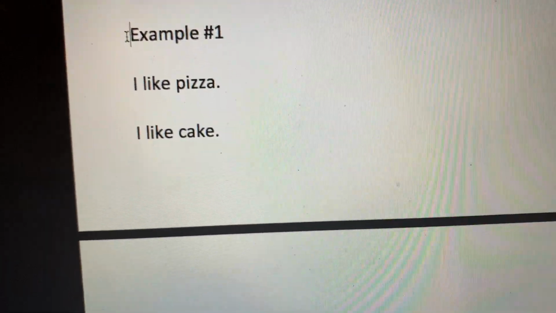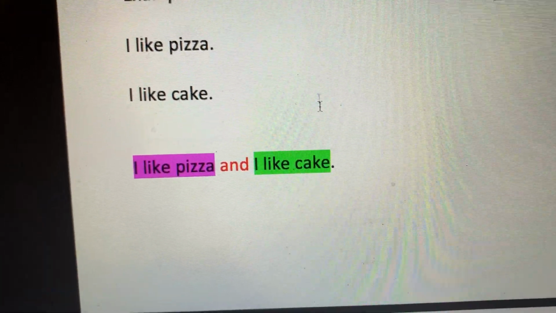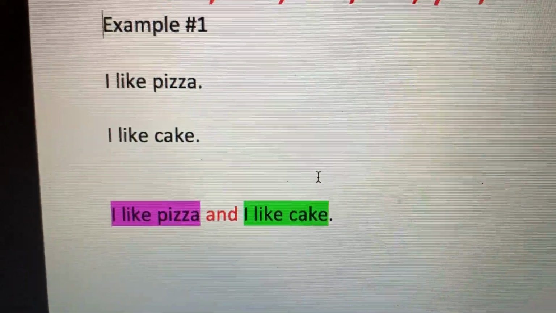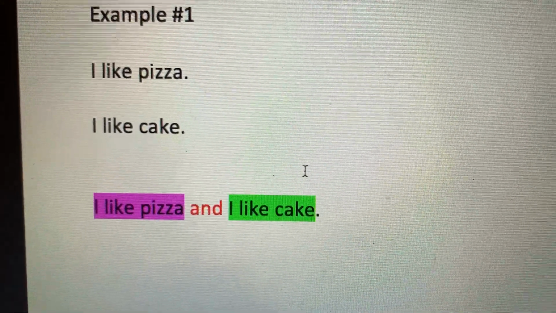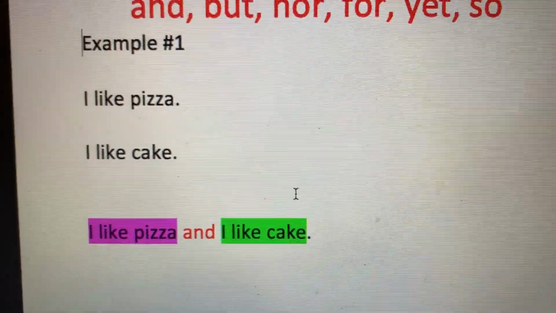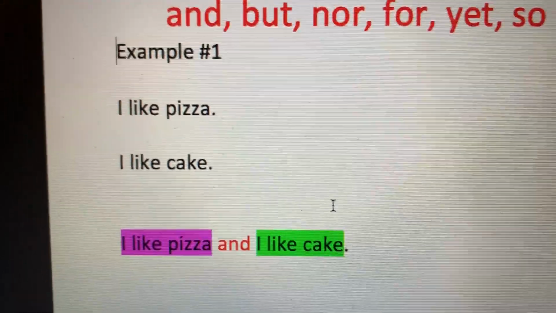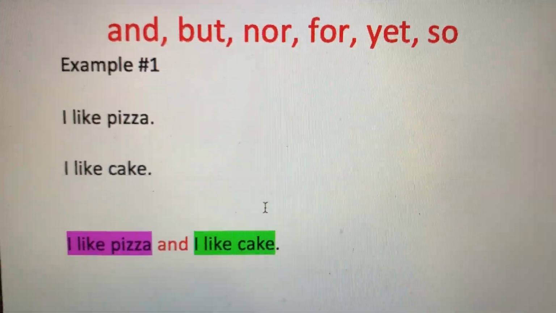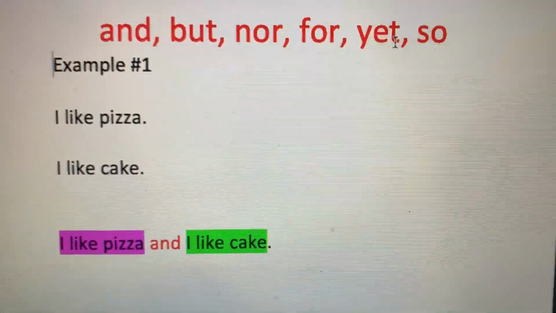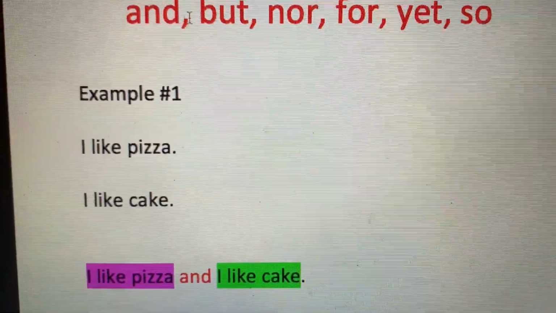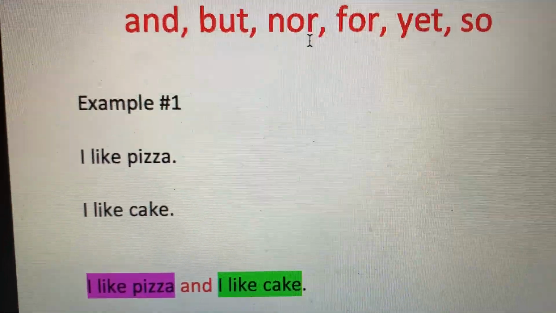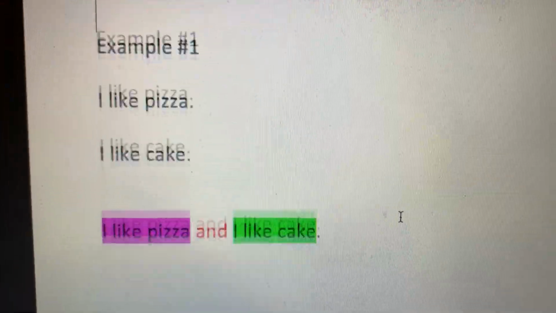Now I'm going to move this up so I can show you guys another example. So remember, two separate clauses that come together by a joining word to make a compound sentence. Okay, and let's review our joining words again. Our joining words are and, but, nor, for, yet, and so.